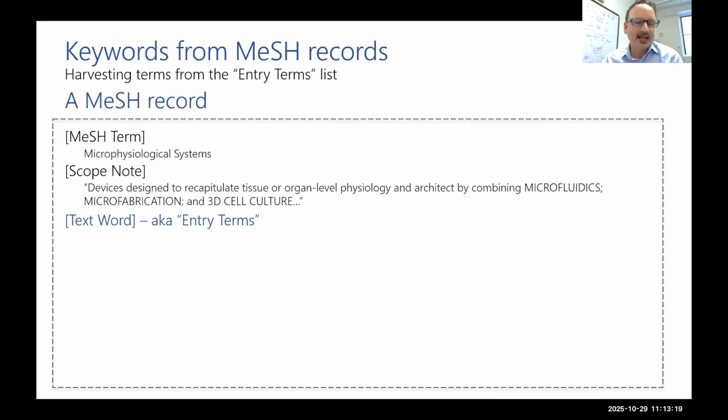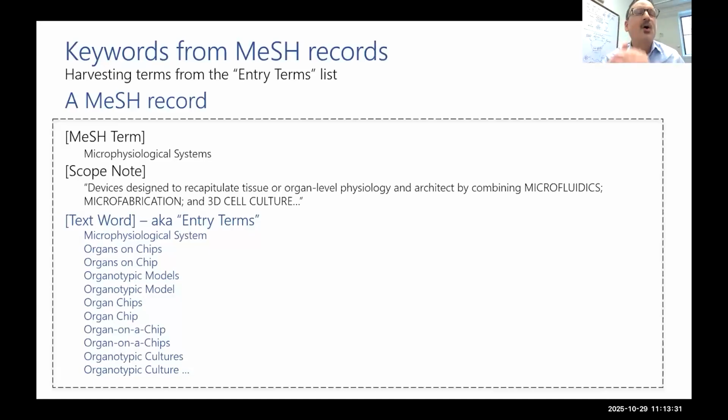And then there are what are called text words in the MeSH record, also called entry terms, which is what you'll see, and we'll see this in a minute when we go into a MeSH record. This is what the heading is called, entry terms. That is a whole list of keyword instances that appear in the literature, things that are used by researchers to refer to this concept that's represented in MeSH.